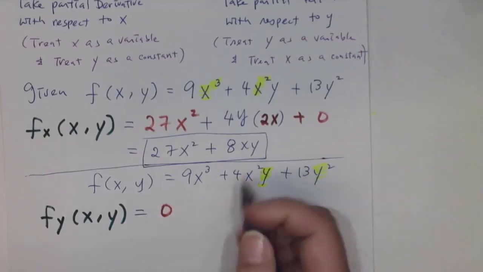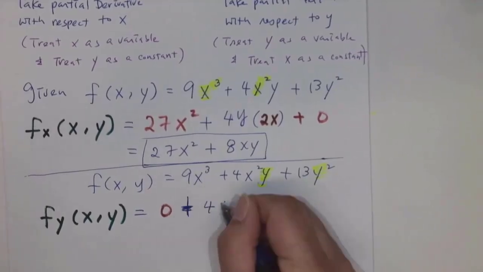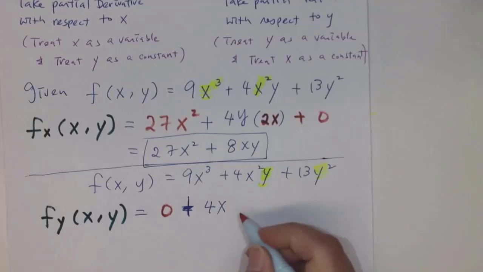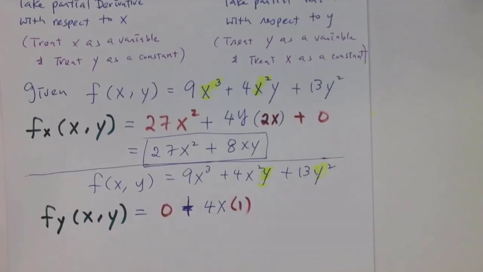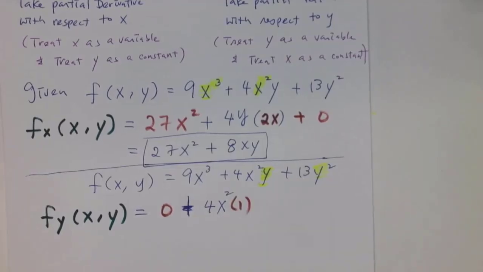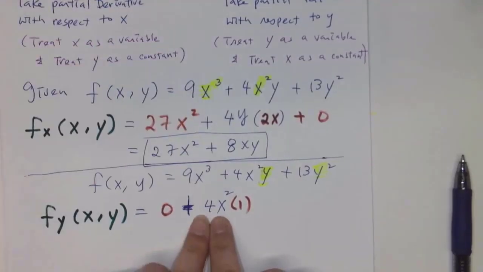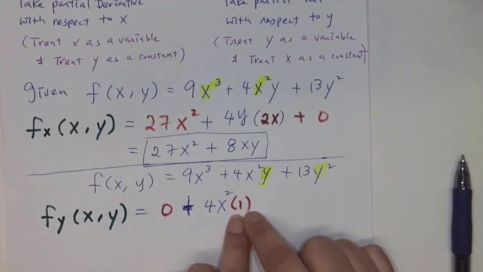So we just write down 4x squared, because both 4 and x squared are constant, but taking the derivative of y would be 1.